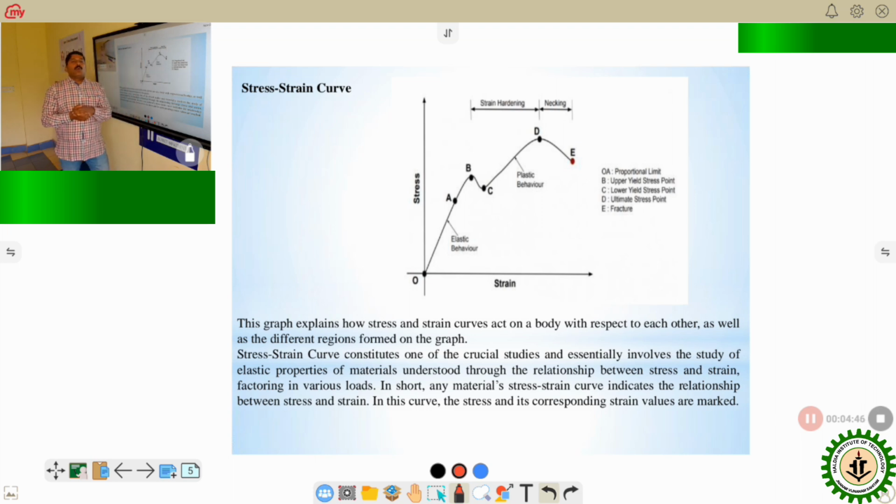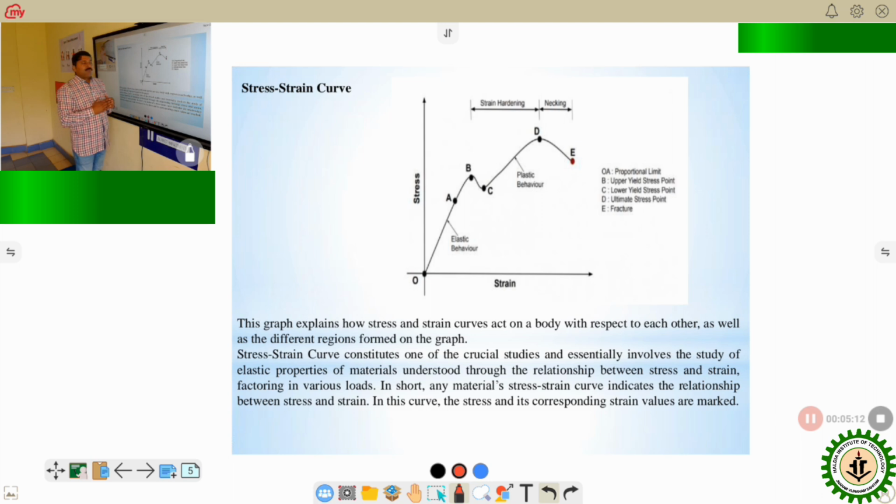Now all of you know, if we are saying it is an elastic region, why do we say so? If we check the region from 0 to A, how will the material behave if we apply tension or any load? Up to this region it comes under the proportional limit.